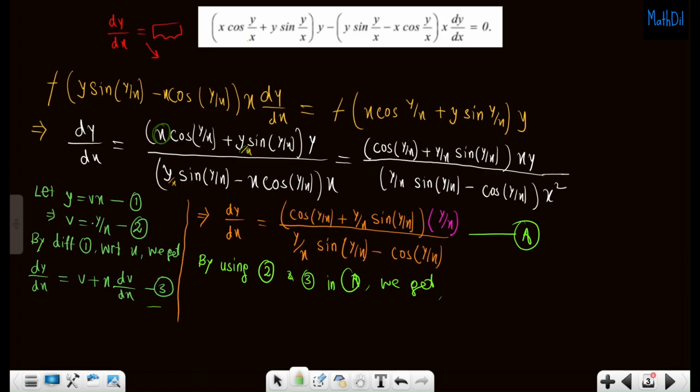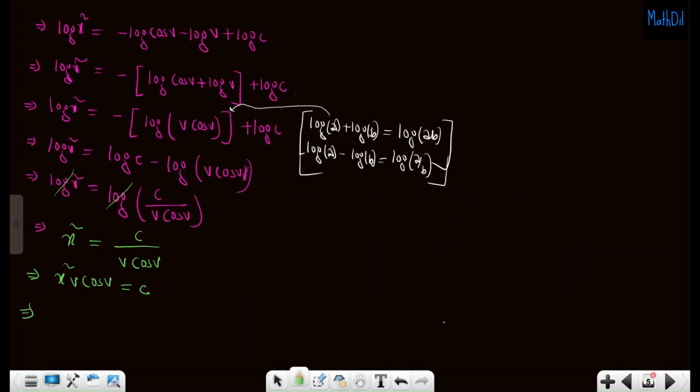From equation 2, v is equal to y by x. So instead of v, we will write y by x. This is cos y by x is equal to c. And it will imply that x square and here is x, so it will be xy cos y by x is equal to c.